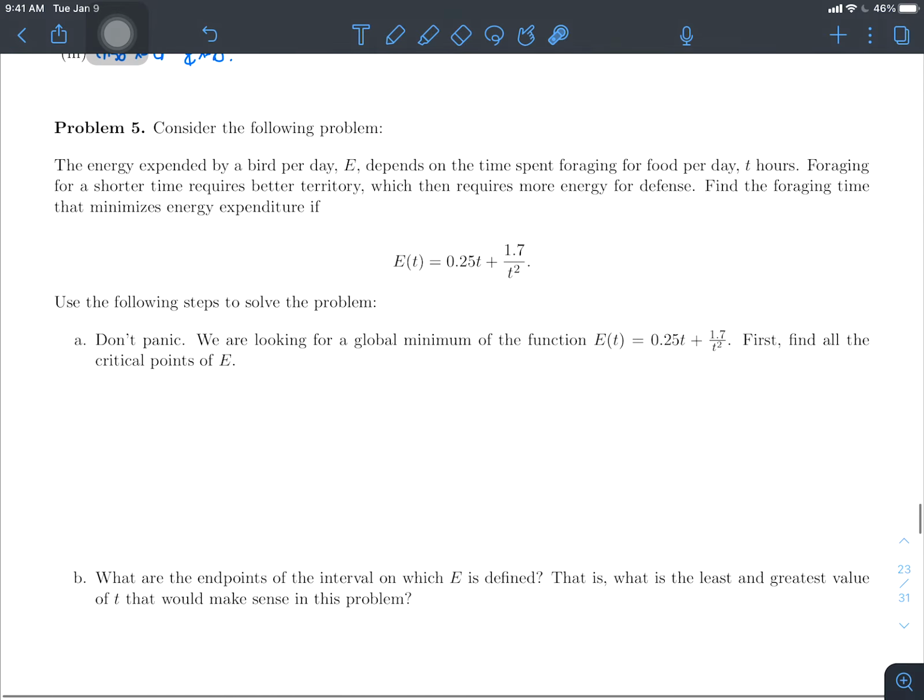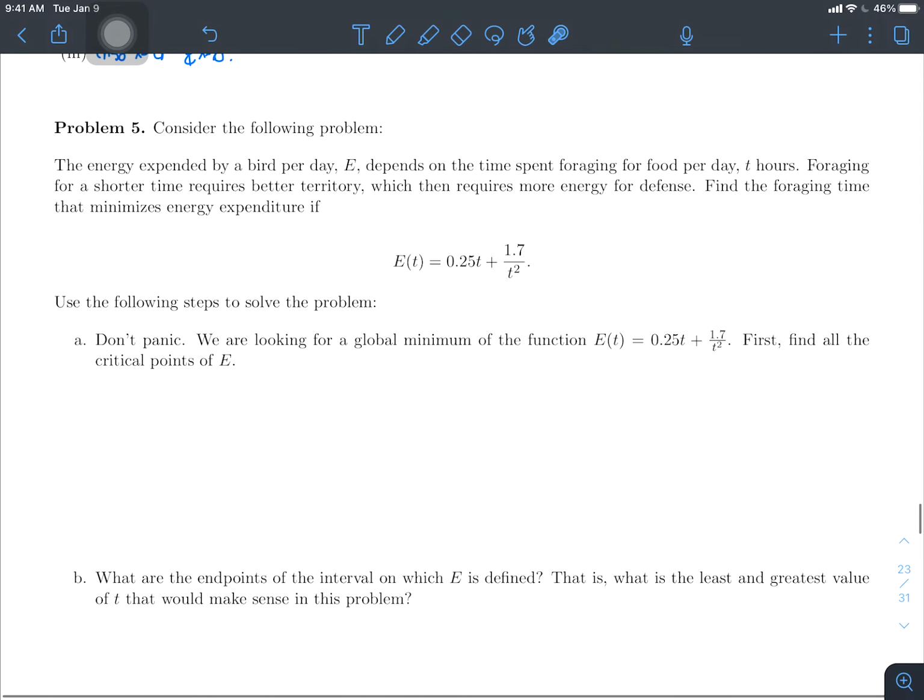Multiply both sides by t cubed. We get 0.25 t cubed equals 3.4. So we divide both sides by 0.25, and we get t cubed equals, dividing by 0.25 is the same as multiplying by 4. So 3.4 times 4, we get 13.6. And to finally get t, we take the cube root of this.